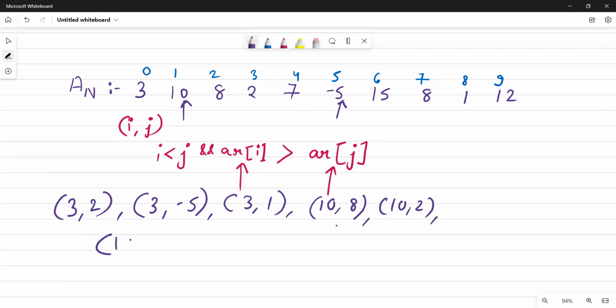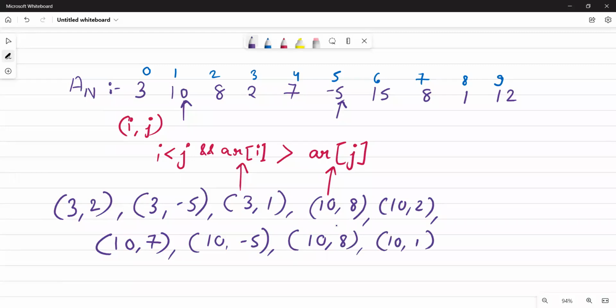Next, we are gonna get it as 10 and 7. Next is 10 and -5. Next is 10 and 15, will it be? No. 10 and 8. Next is 10 and 1. And 10 and 12 won't be possible.